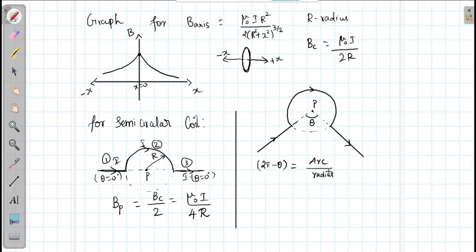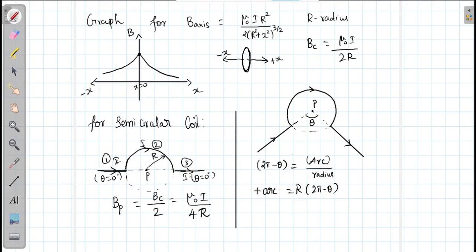So what we need is the arc length. One full arc is 2 pi r. For this case, we don't know exactly, so the arc length is the radius times 2 pi minus theta.